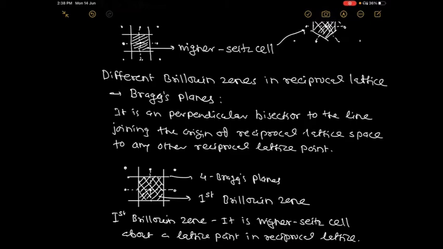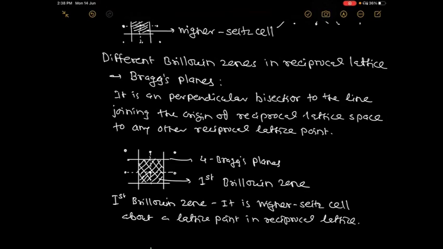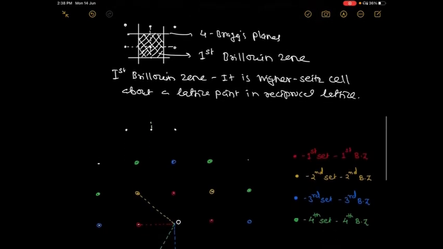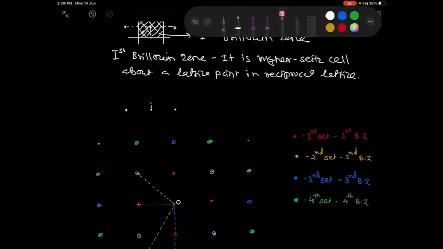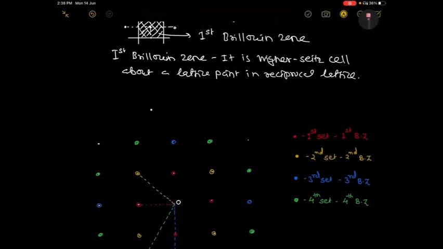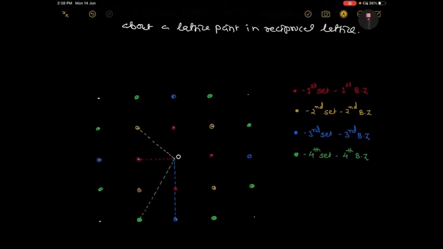Hence, another Brillouin zone we also construct by using the Bragg's plane. For that, we use the geometry. We use a 5 by 5 reciprocal lattice space.